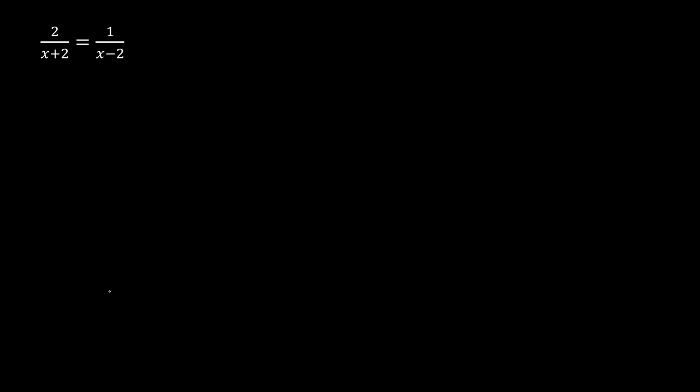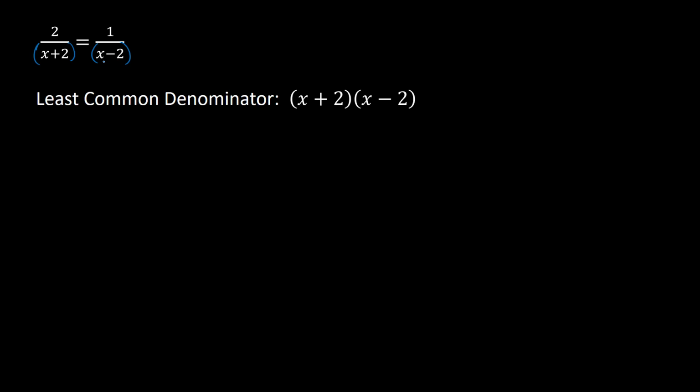So the least common denominator of x plus 2 and x minus 2, well, x plus 2 is one quantity, x minus 2 is another quantity. And we have 1 x plus 2, that one has the most, so we just take all of the x plus 2's. This one has the most x minus 2, so we take just one of them, and we have x plus 2 times x minus 2 as your least common denominator.